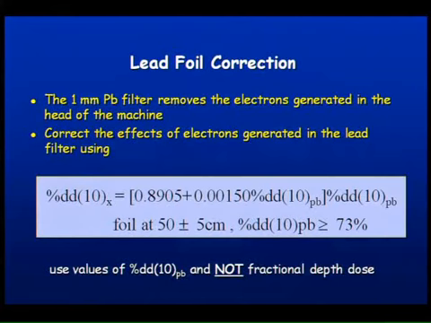So there's a correction for lead foil. There are different equations that the protocol gives you. You measure the percentage depth dose with the lead in place and use this equation to get the percentage depth dose for photons with the electron contamination removed. And you should use the values of percentage depth dose in this equation, not fractional depth dose.